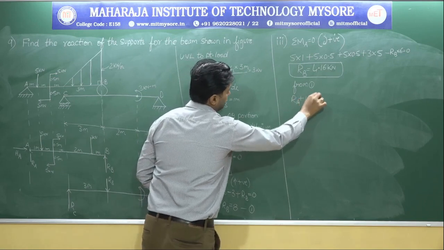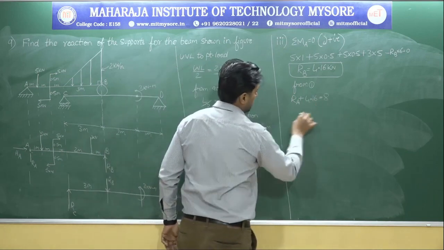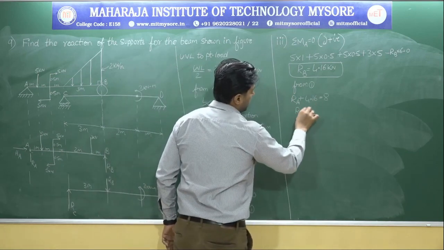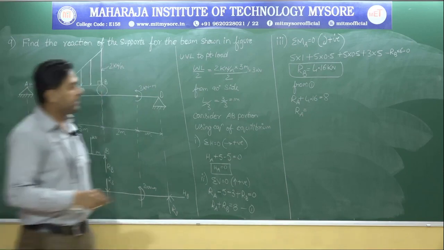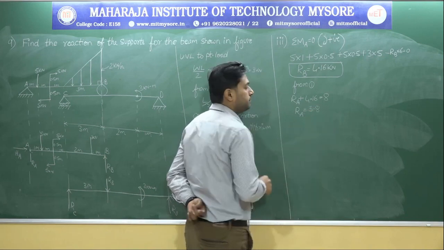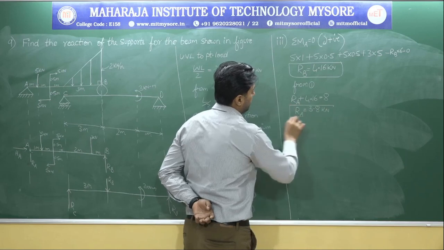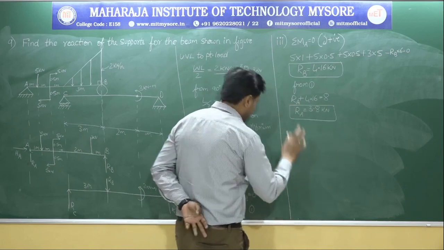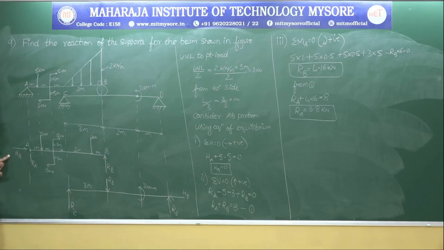RB value I know, and the total is equal to 8. So what is the value of RA? It is 8 minus 4.16, so it's approximately 3.8 kilonewton. HA value is already 0, so no need to calculate the resultant at A. We are done with this.